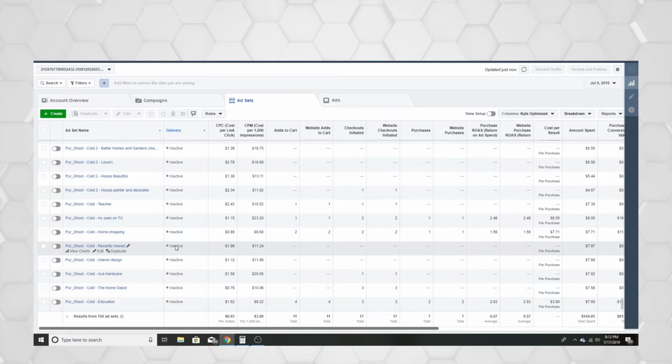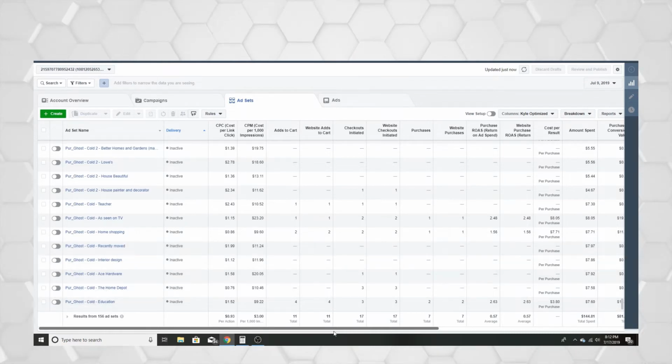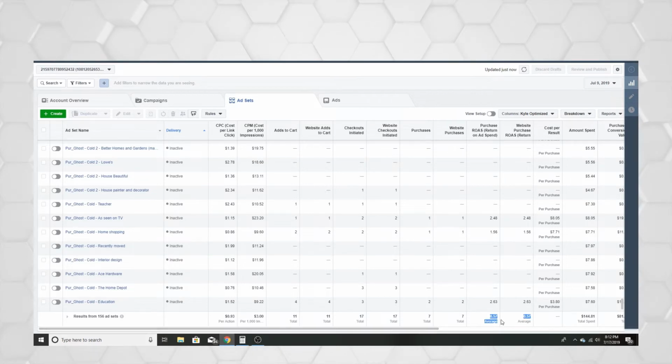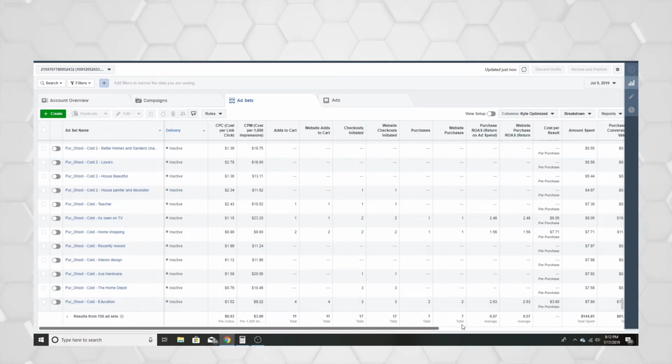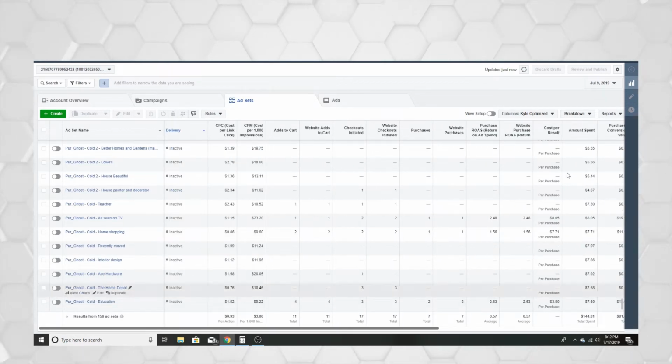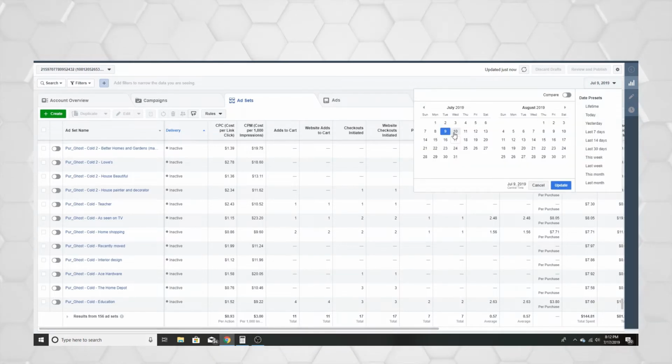And just so you know, I was running $8 a day per ad set, and just continued to test that out and let the ads optimize to see what I came up with. And again, just continuing to gain data. So that day I actually did worse. I did a 0.57 ROAS, but I had 7 purchases, so I was still okay with that. I'm just trying to gain data. Let's go to the next day.